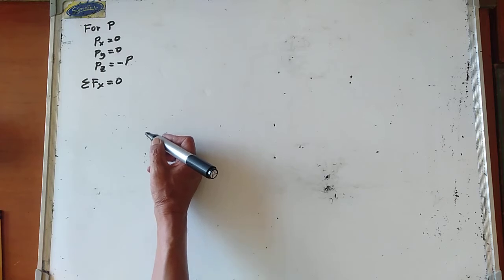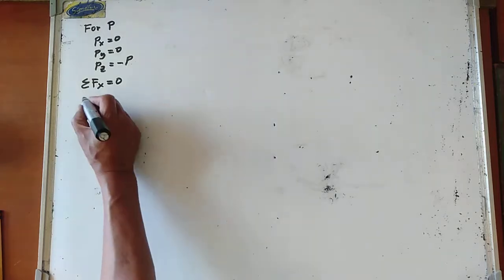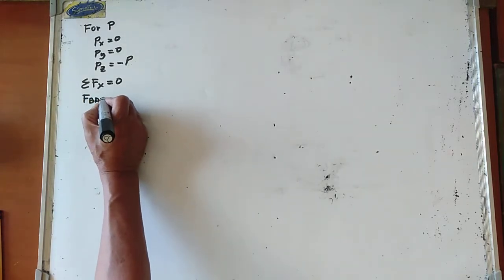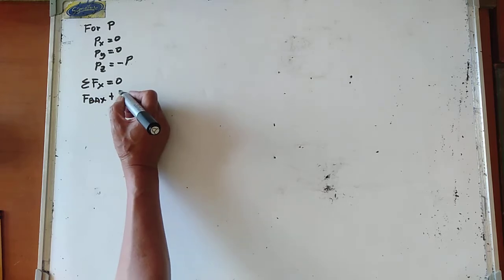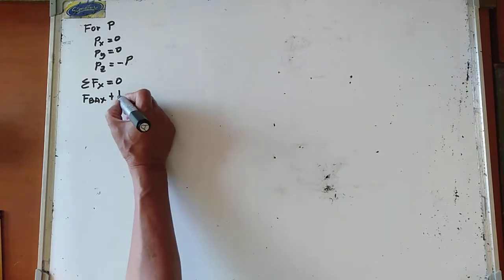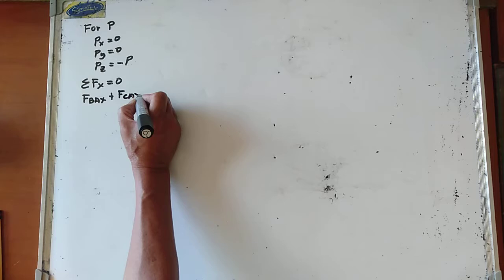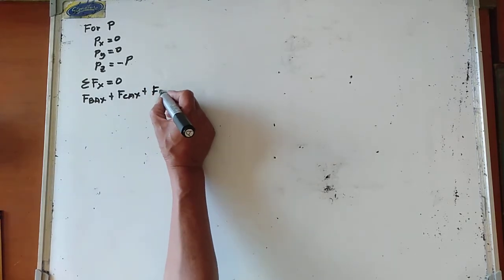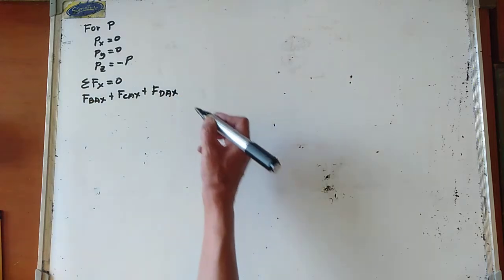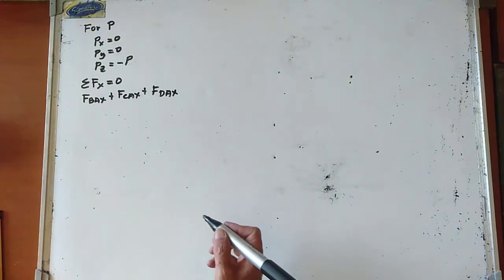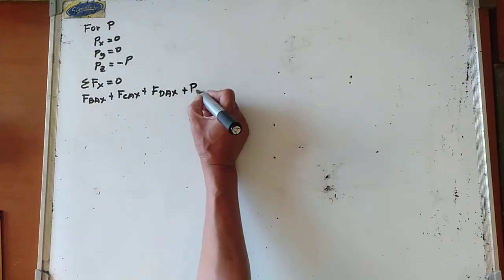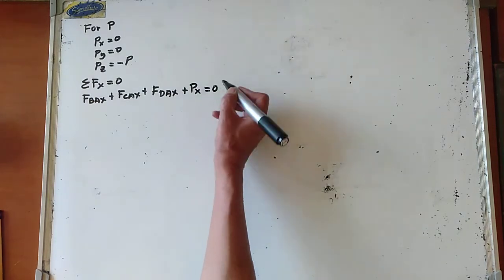So we have FBAx plus FCAx plus FDAx plus Px is equal to 0.